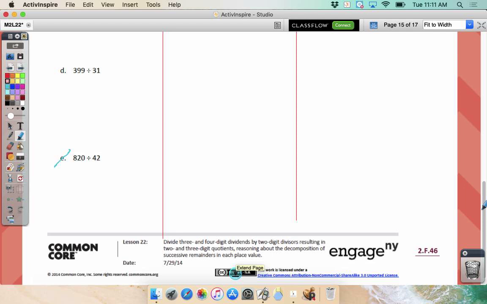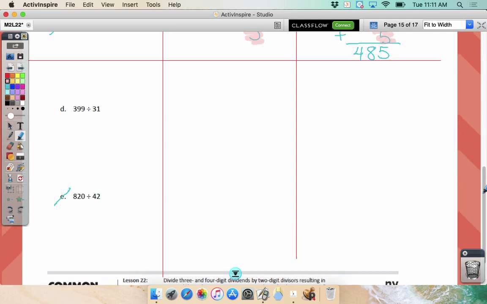Okay, so D is 399 divided by 31. This is another one where we're just going to get started. Because I'm looking at it right away, I can tell that I know how many times 31 is going to go into 39. Did you put a box around 39?